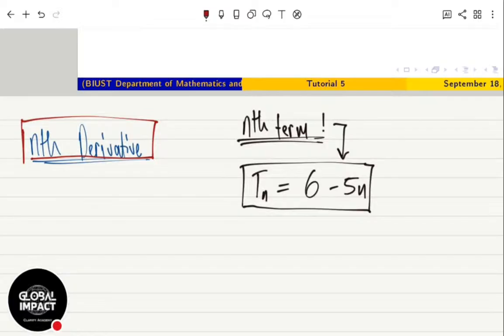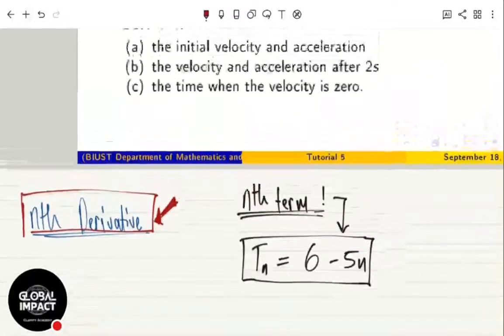So when we are asked to find the nth derivative, they are asking us to generate a formula which we can use to find any derivative, the first, the second, the third, the 15th, the 100th derivative of something.